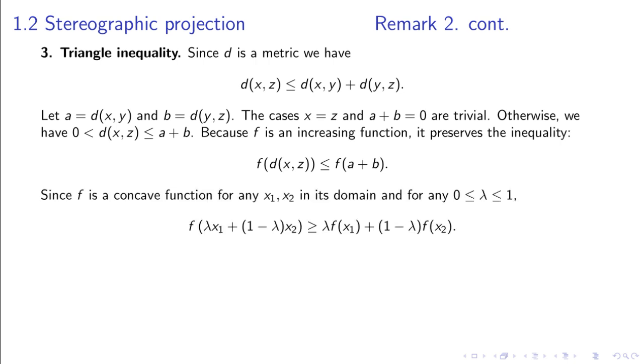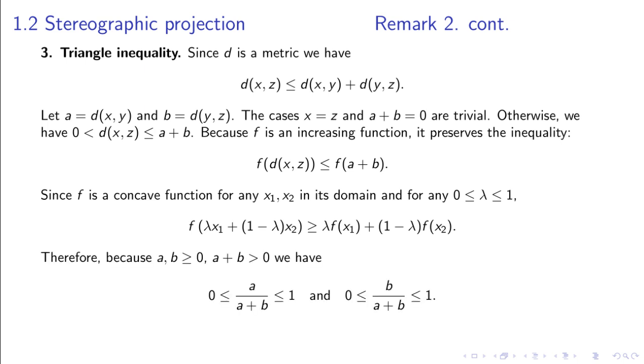Now we use concavity of f. Concavity means the following: for any two numbers x1 and x2 in the domain, and for any number lambda between 0 and 1, f(lambda x1 plus (1 minus lambda) x2) is greater or equal than lambda f(x1) plus (1 minus lambda) f(x2).